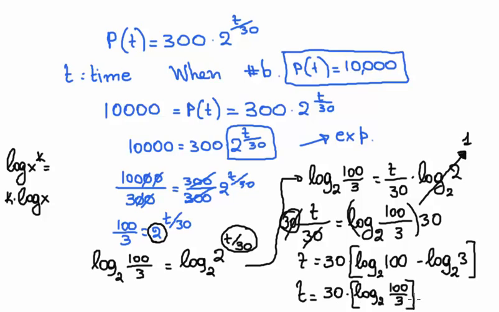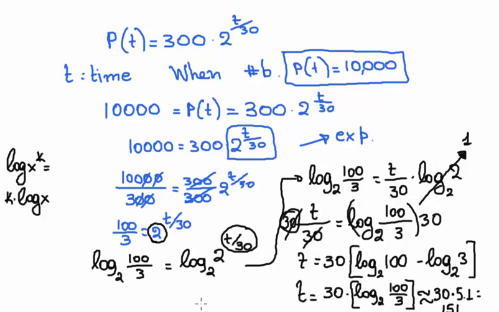If you want to approximate your number, 100 divided by 3 is 33.3. That is very close to 32. The log of 32 with base 2 is 5. So if you want to approximate your number, then t is going to be approximately equal to 30 times 5 point something, and the final answer will be something like 150 or 151.